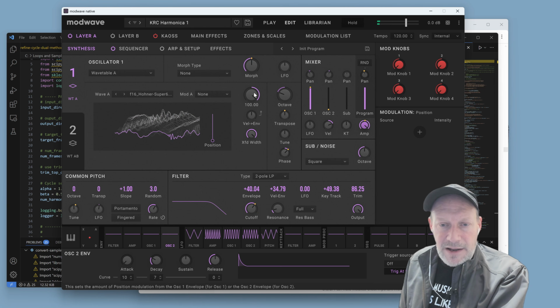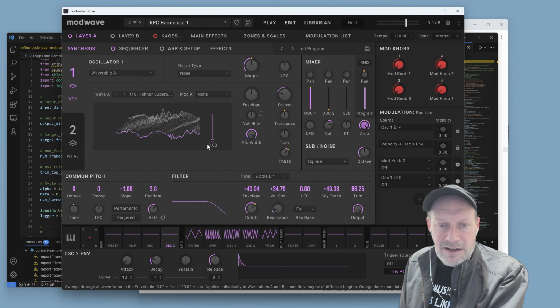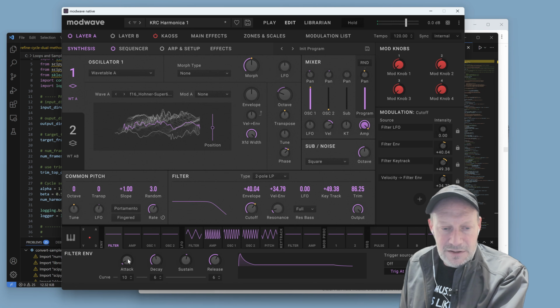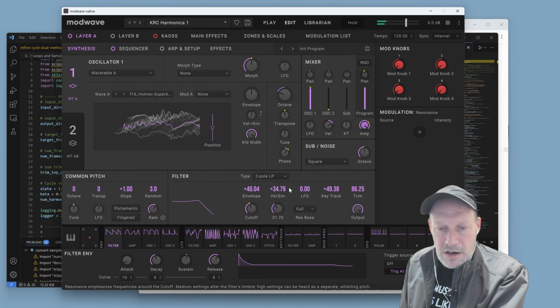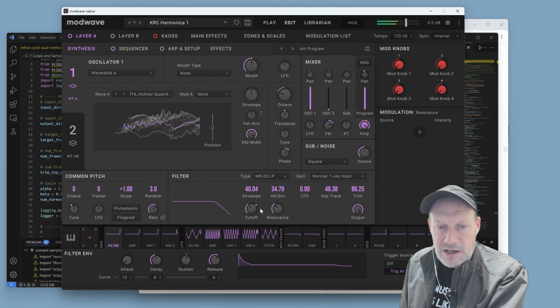But it also strikes me that these waveforms are harmonically rich and would be very interesting unswept as, let's see, let's turn this off. What are we doing here? Cut off, filter. Maybe get a different, let's see, let's get the MS-20.